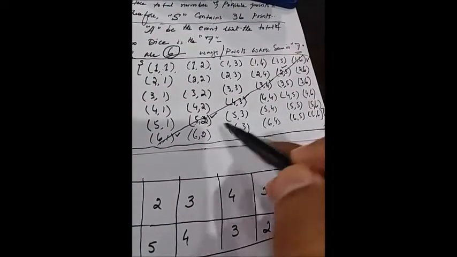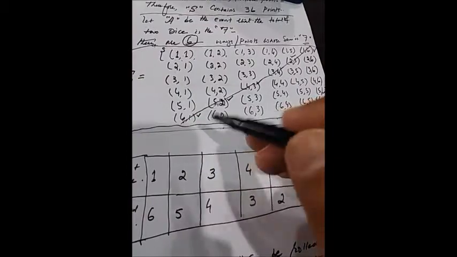So one way is here in every row by which we can get the sum of 7 from these 6 ways. So we obtain that among the 36 possible outcomes, we can get the sum of 7 in 6 ways.